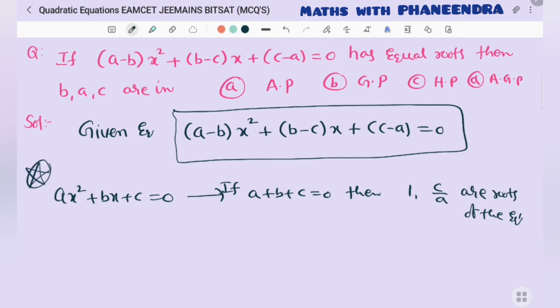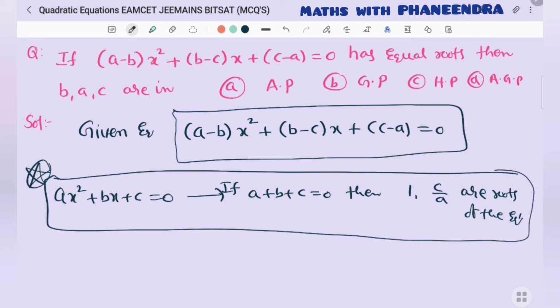Keep in mind this point. The roots are 1 and c by a, which means the product of the roots.